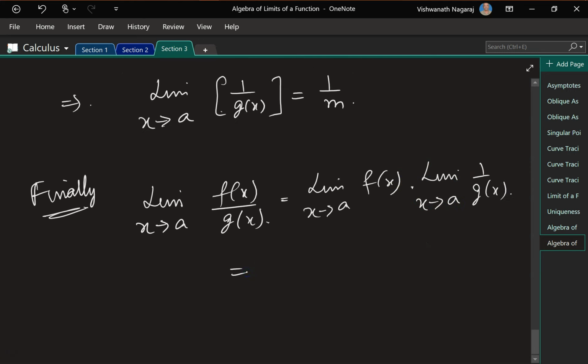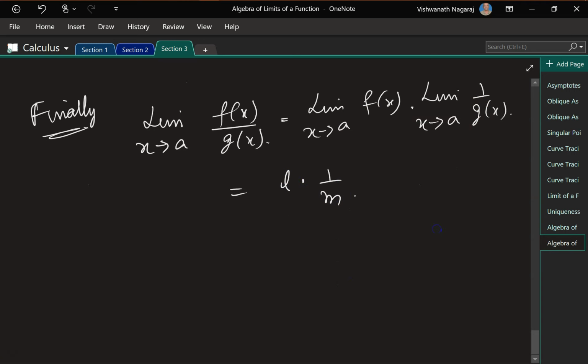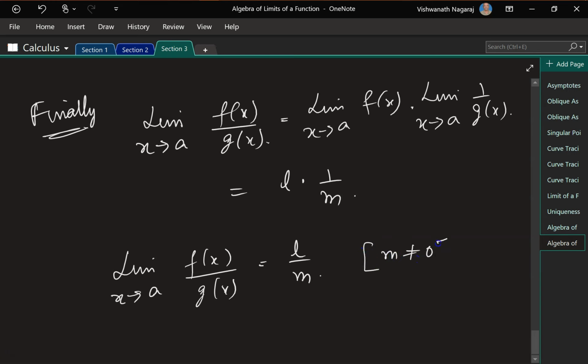Now this is equal to the limit of f of x, which is L, times the limit of 1 by g of x, which is 1 by m. So therefore, the limit as x approaches a of f of x by g of x is equal to L by m. And as a general rule, the denominator cannot be equal to 0.